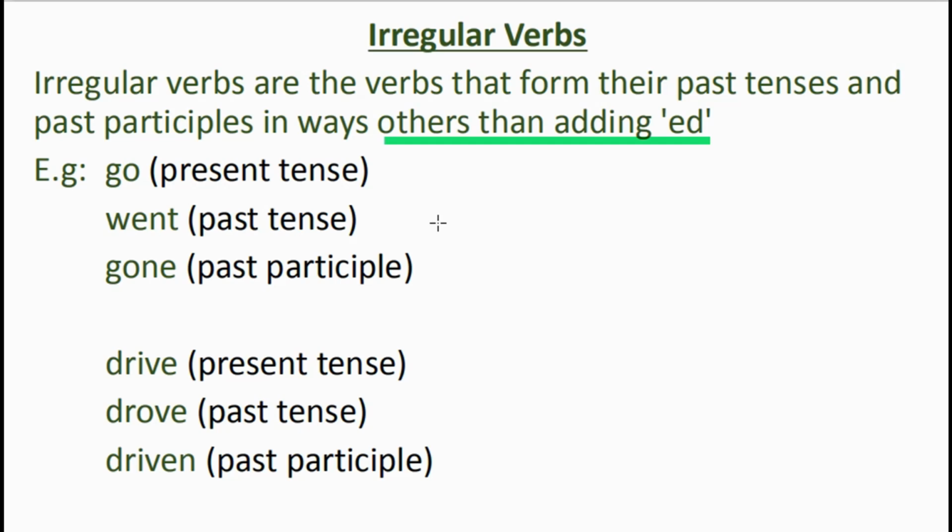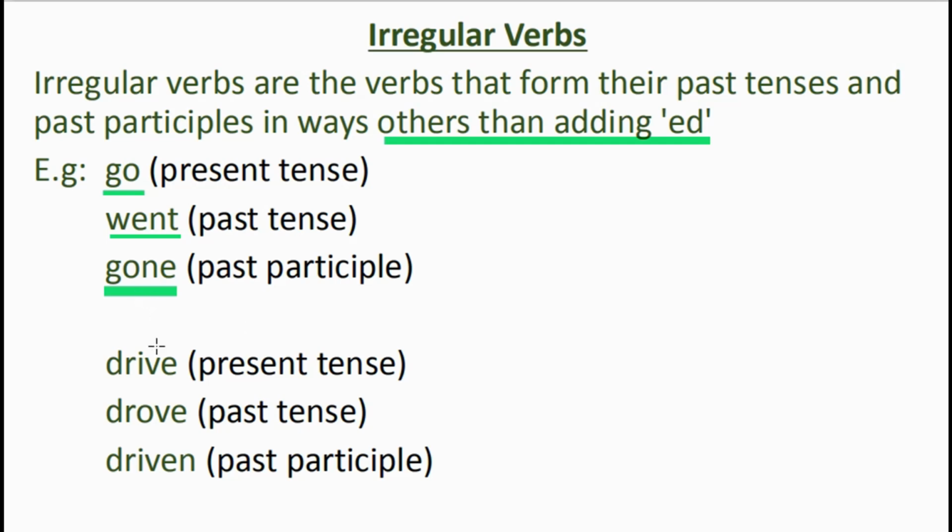They are rather unpredictable in the ways their tenses are formed. Let's see this example. Go, G-O. Present tense, go. Past tense, went. Past participle, gone. So in this case, there is no ed. Instead, the past tense of go is went, and the past participle is gone.